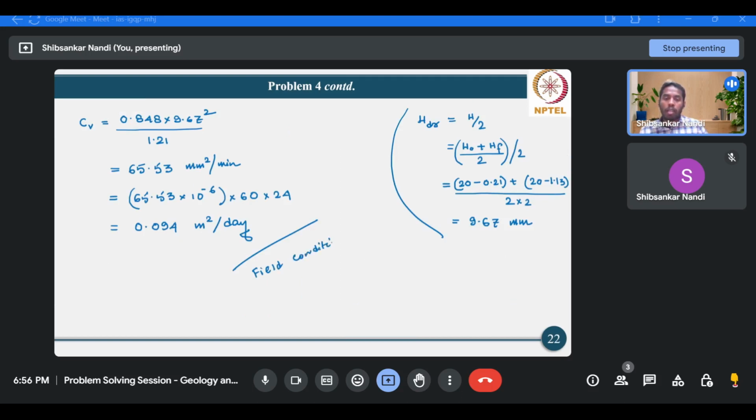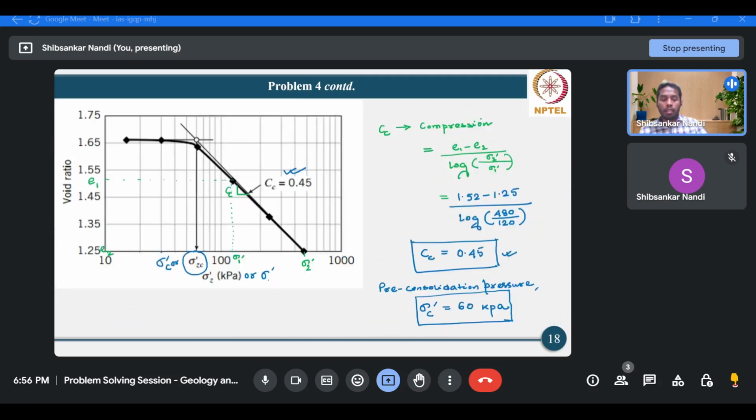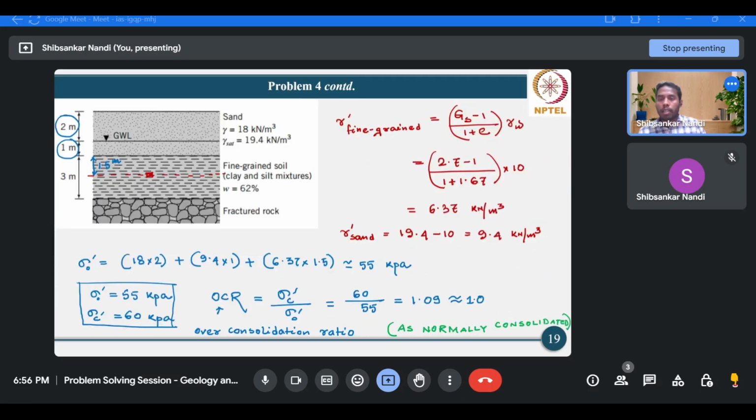For the field condition, what is the drainage path length? It's again Hdr, H by 2. Why? Because it's a double drainage condition in the field as well. The drainage will occur from both sides, top and bottom.